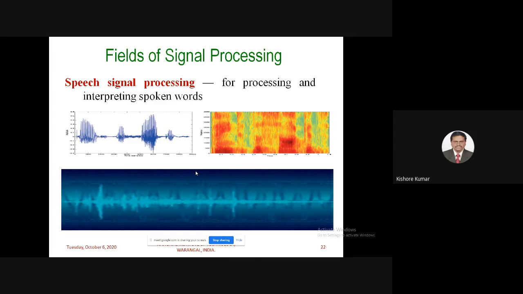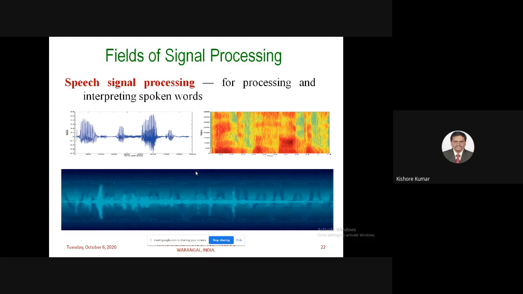In order to find that out, I'll use different techniques. I can find the energy of the signal. If the speech contains energy, then I can say it is a voice signal. If I find the average magnitude of energy is there, then I can say it is a voice signal.